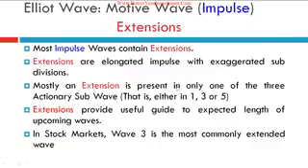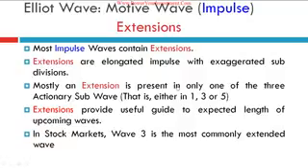Before moving forward, there's a concept called extensions within the impulse waves. Why is this concept important? Because most of the impulse waves that you will encounter will have extensions within them. Extensions are nothing but elongated impulses, an elongated impulse with an exaggerated subdivision.